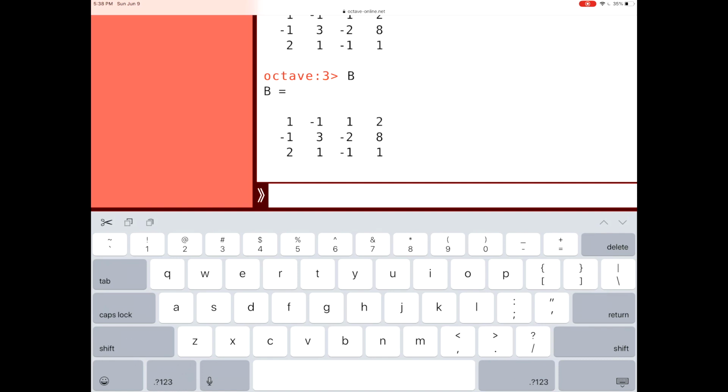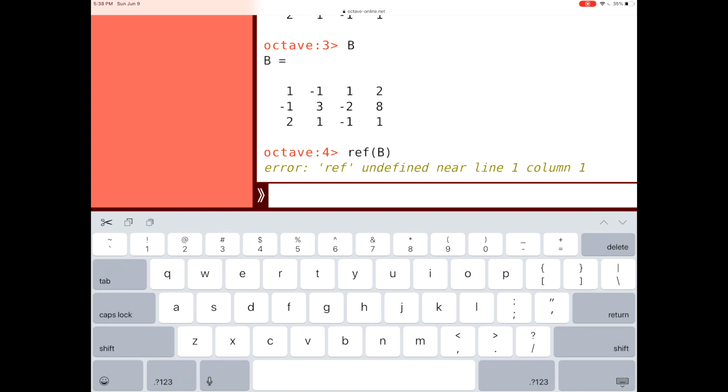So no matter what you do with your matrix B, you can go back to it. Now, Octave, I don't think has an ref command, but we'll see. ref B. See, it doesn't do ref B.